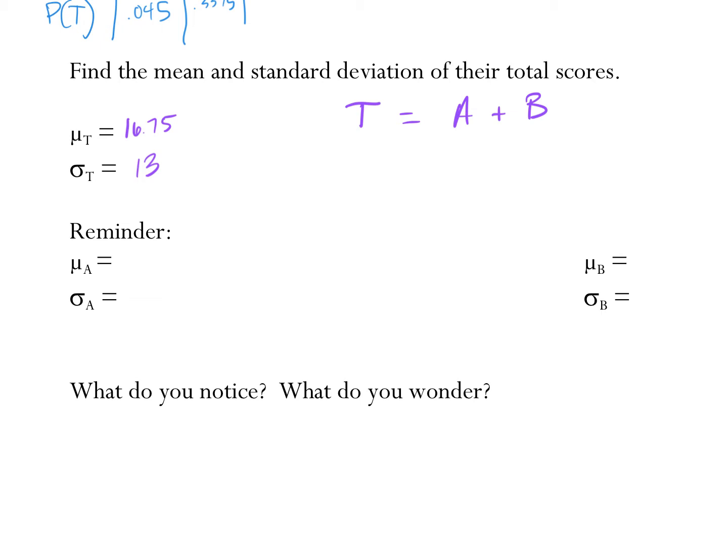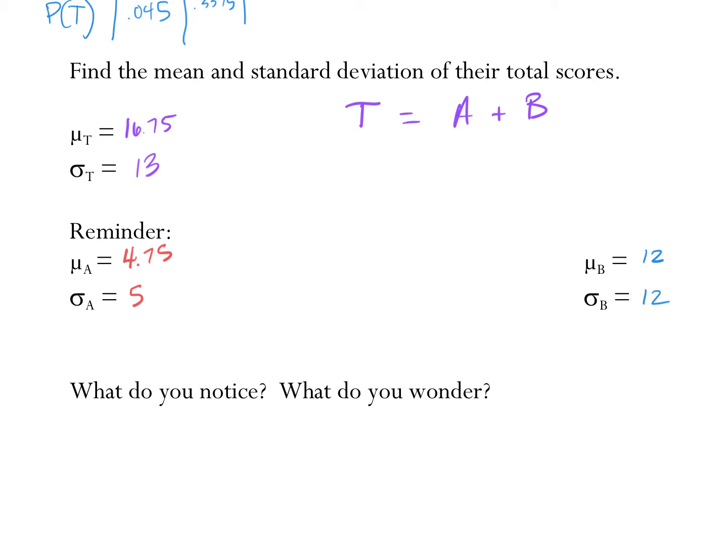So a real quick reminder that the mean of distribution A was 4.75 and the standard deviation was 5. And the mean of distribution B was 12 and the standard deviation was 12. So looking at this, are we comfortable guessing how, once we add two variables, we can figure out what the mean of a new variable would be?